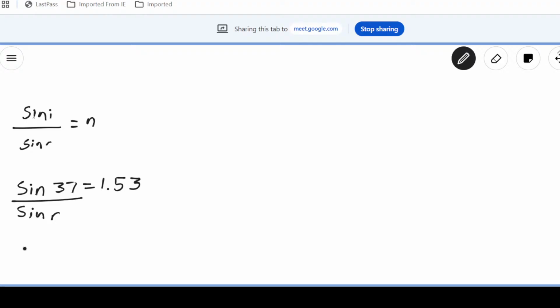Sine c is equal to 1 over n. Make sure you remember this. That's how you calculate the critical angle for any material. If you know the refractive index, you can calculate the critical angle.